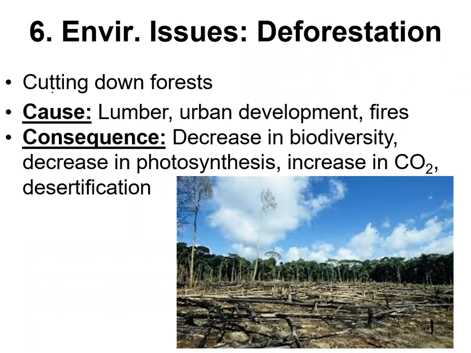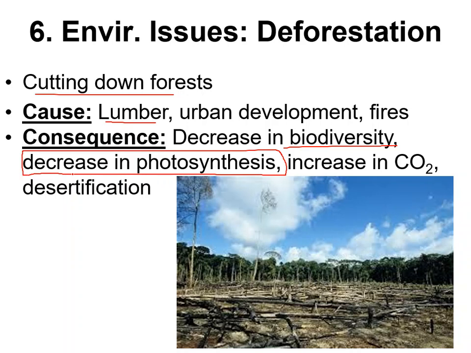Deforestation, it's self-explanatory. You're cutting down forests due to lumber demand, development, etc. So again, the consequence is a decrease in biodiversity. There's obviously going to be a decrease in photosynthesis and primary productivity, the decrease in producers, because they're not there to fix and capture CO2 from the atmosphere. You're going to have local increases in CO2 that then spread to surrounding areas in the atmosphere.